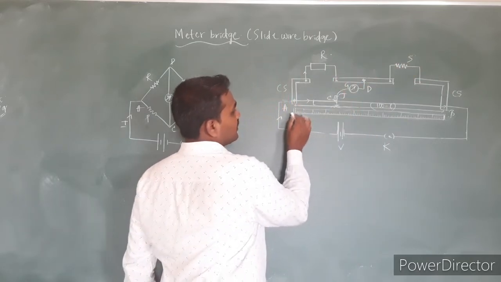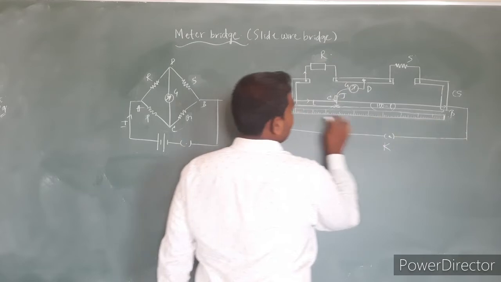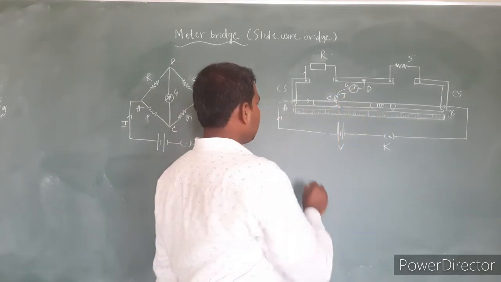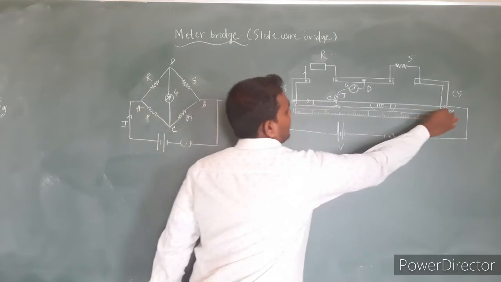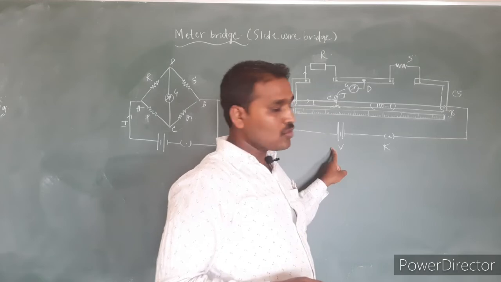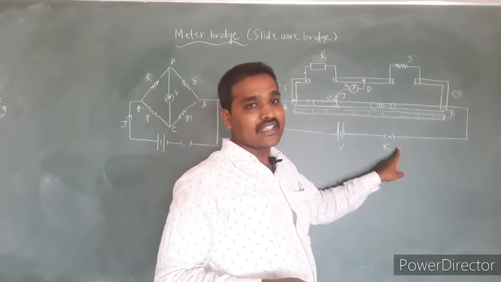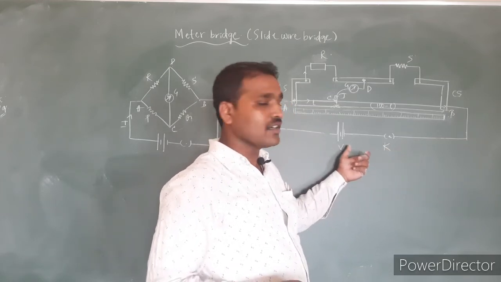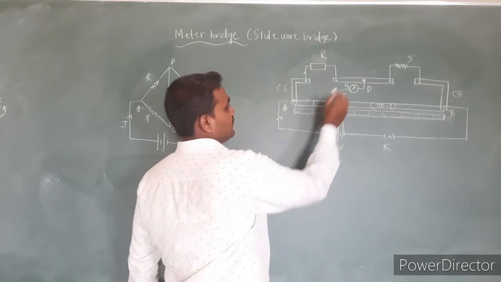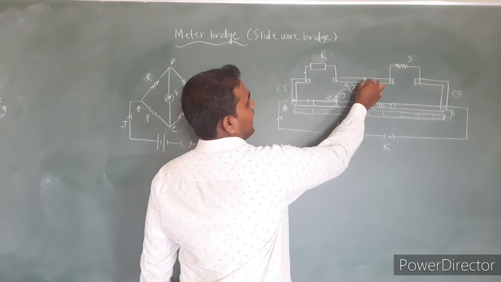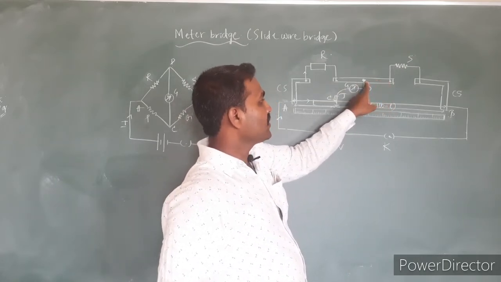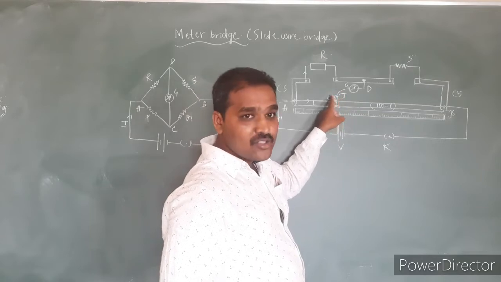On the other part, we have a meter scale to read the length. Then the ends of the metal wire are connected to an external source of potential difference through a key like this. This will act as a source of electric current. At the midpoint of this central copper strip, there is another wire connected to a jockey.